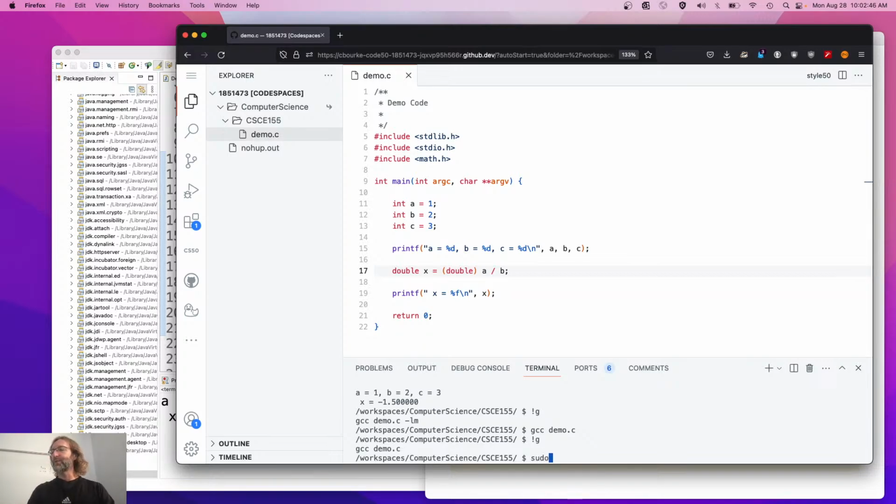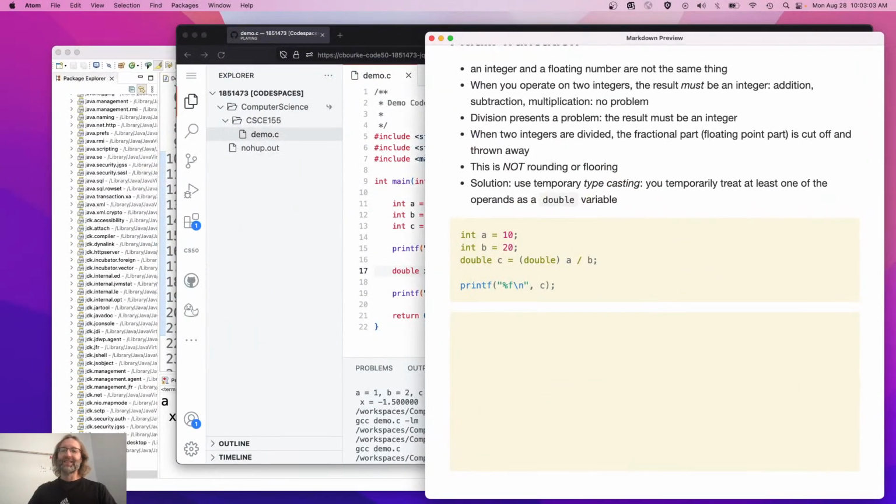But if I did sudo rm -rf, there we go. Sudo is the command to do something as a super user. Super user do the following. And no, I'm not going to do that. Right. So be careful. All right.